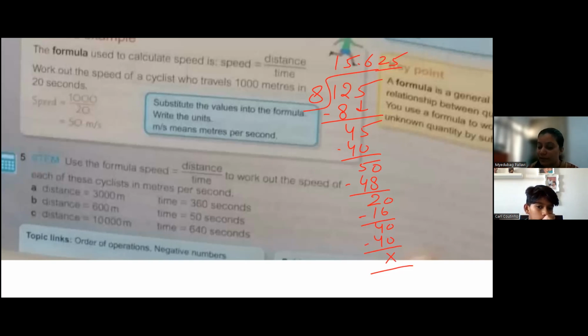Just see, are you getting the same division or not? The process.